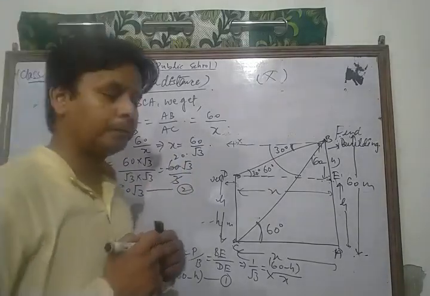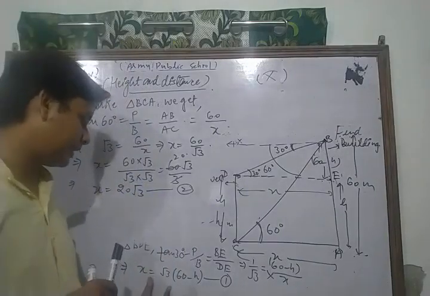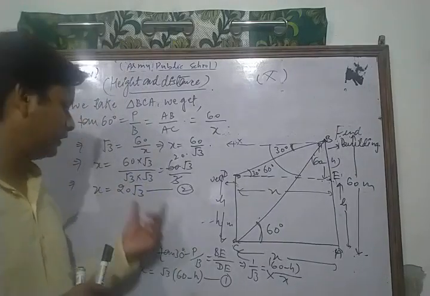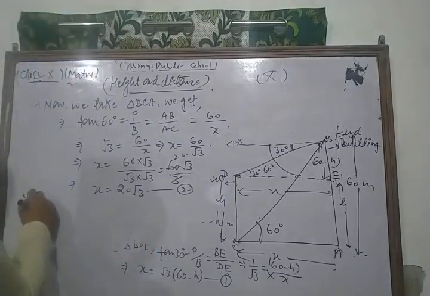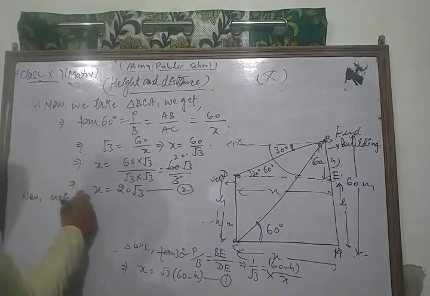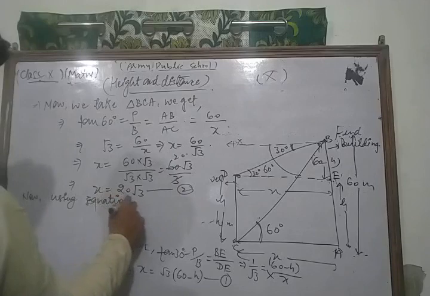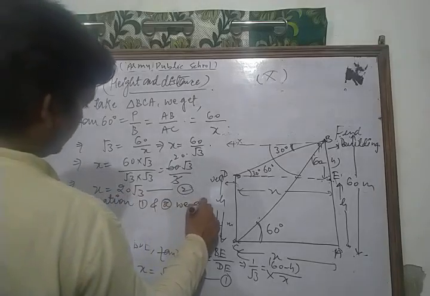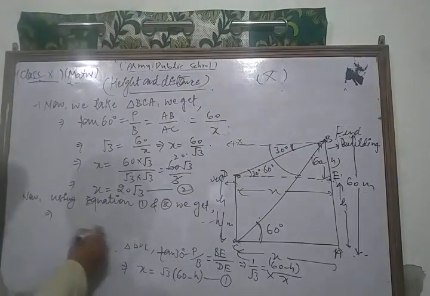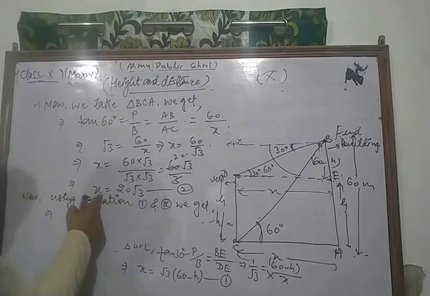So in this way we form two equations: equation 1, which is x is equal to under root 3 into 60 minus h, and this is 2. Now using equation 1 and 2, we equate the value of x.